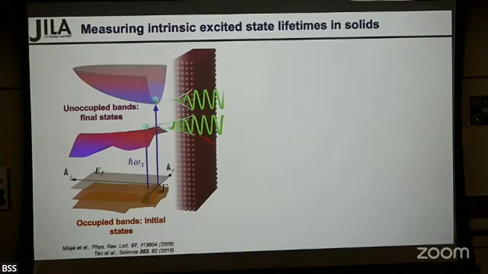To do this well, we wanted to look at two transitions, one from an occupied state into the unoccupied excited state. That's an unoccupied bulk excited state with a very short lifetime. And then another into a free electron final state. By comparing the two, we could see if we could measure that lifetime, which we expected to be around a quarter femtosecond.